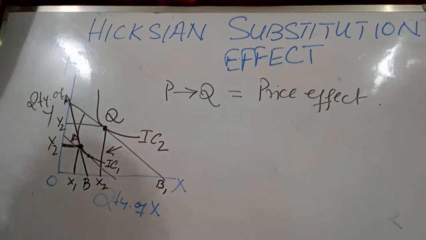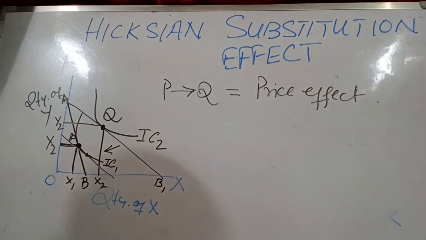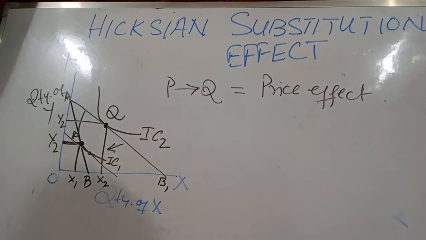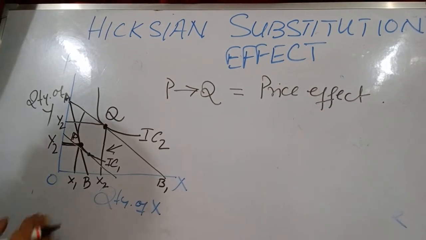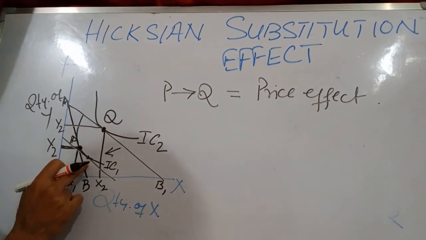Now Hicks postulates, suppose his increase in real income is withdrawn from him so that the consumer comes back to the initial indifference curve. So we draw our new budget line.